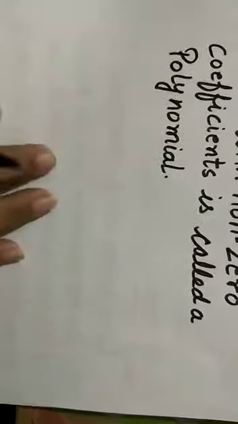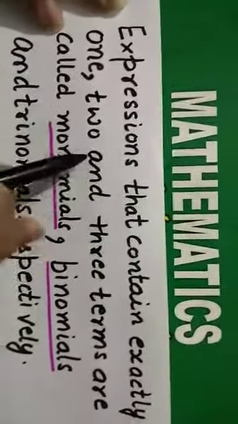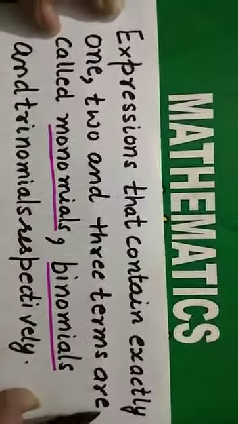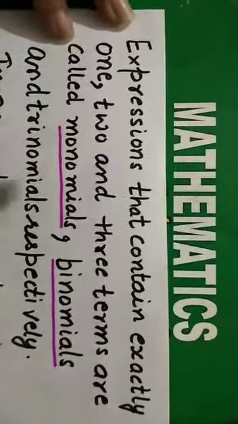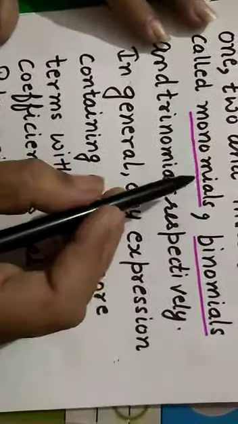Now next we have expressions that contain exactly 1, 2 and 3 terms, which are called monomial, binomial and trinomial respectively. Means a single term expression is a monomial.